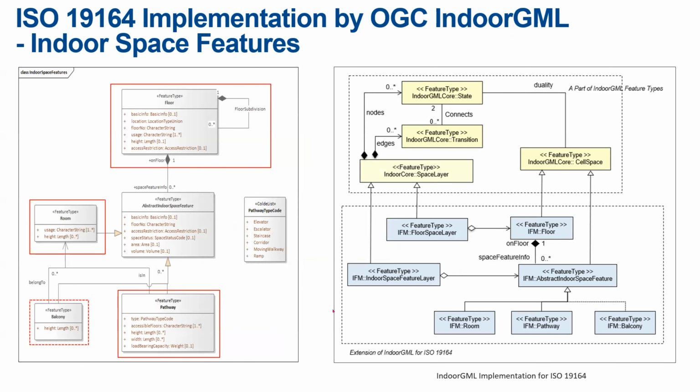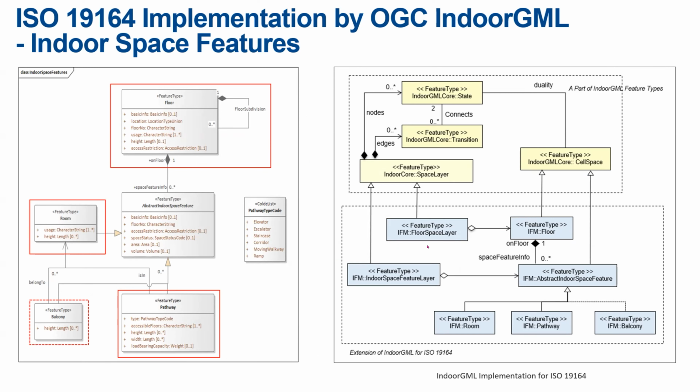The first one is indoor space features of ISO 19164. The left side is the data model for indoor space features, which includes floor, room, balcony, and pathway as subclasses of abstract indoor space feature.